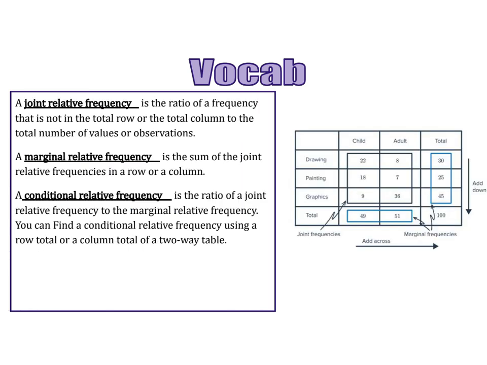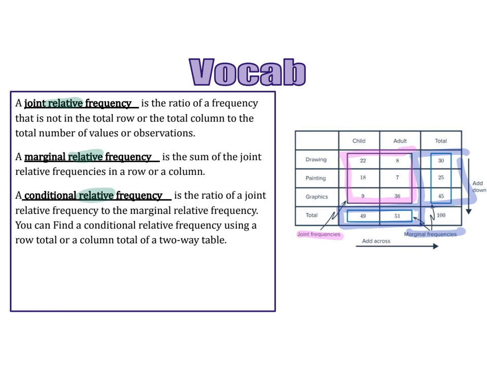So here's another visual of what we talked about with those vocabulary words before. We can see joint frequencies being these numbers in the middle here. We talked about marginal frequencies being in the margins, and you can see that here. But now we're going to add another component, and that component is simply the word relative, which you can see showing up in each definition here.